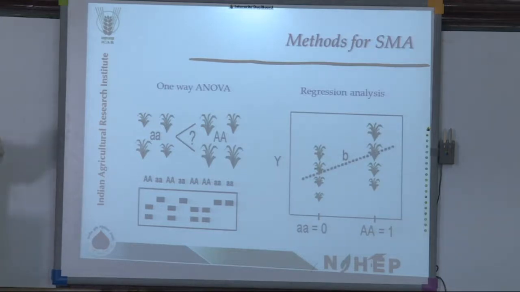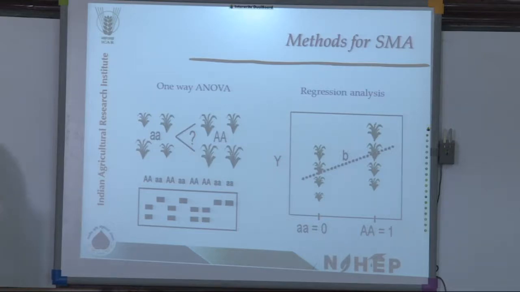If the average of these 10 plants shows 50 centimeter height, and the average of these 10 plants shows 100 centimeter height, then we say that group 1 is different from group 2, right. How will you say that group 1 is different from group 2? Then you use statistics.